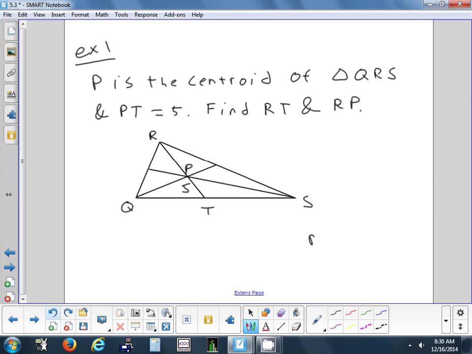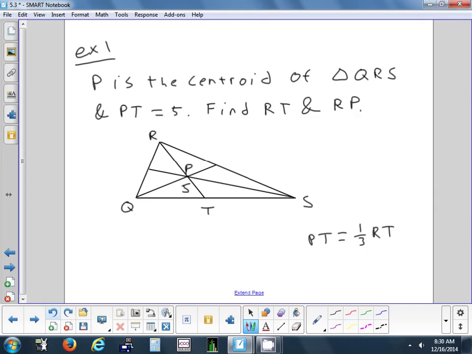Say, like, PT is what? It's going to have a fraction in there and then maybe another segment. Marquise? 2/3 of RT. No, not quite. I don't think PT is the bigger part, but yeah, it's the 1/3. PT is 1/3 of RT.